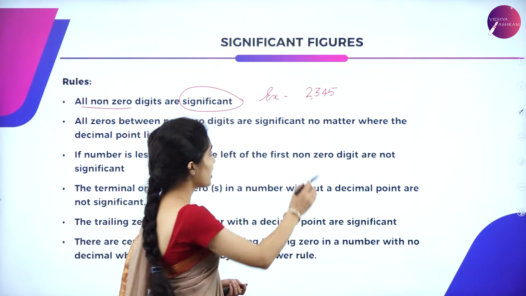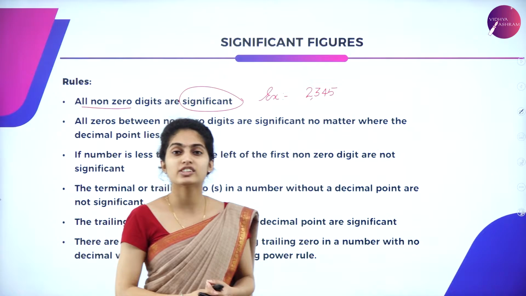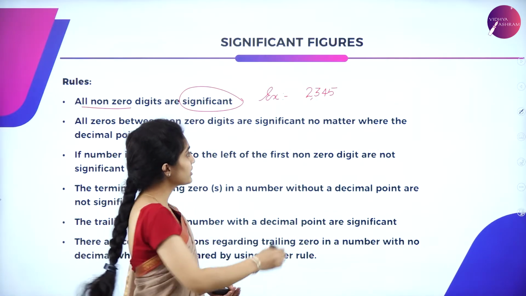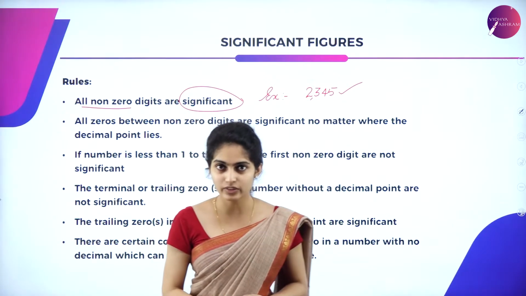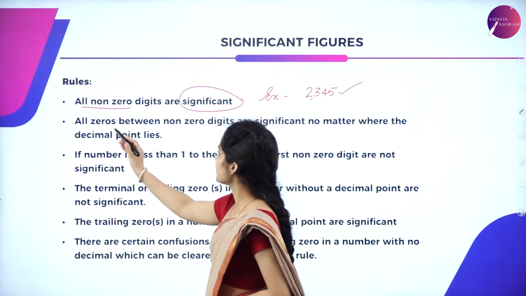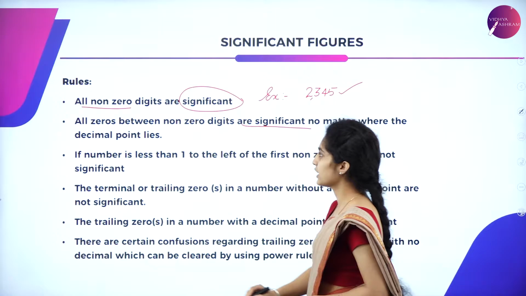These are non-zero digits. It doesn't contain any of the zeros in those four places. So all non-zero digits are significant. And that is one rule you got to know. It's easy, no? So let us go to the next rule.